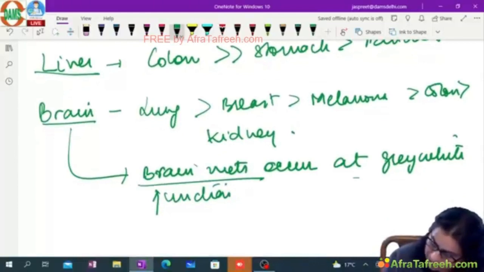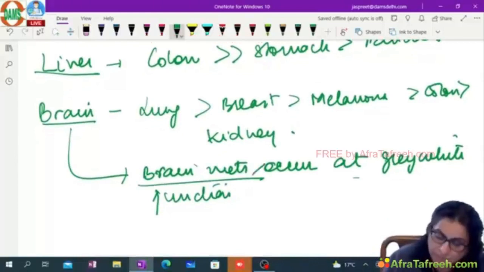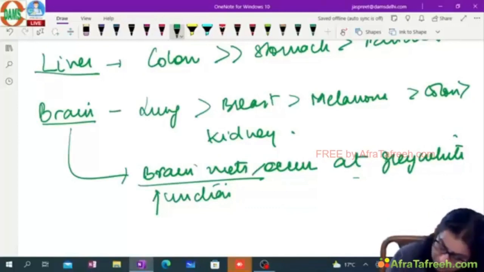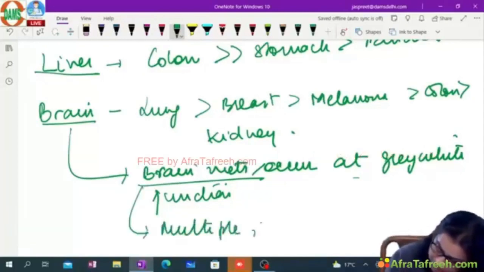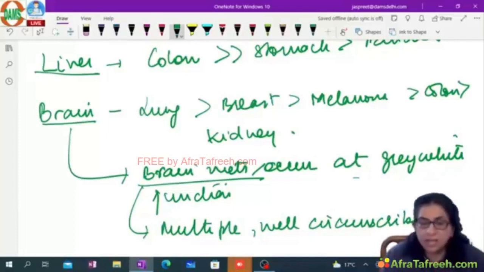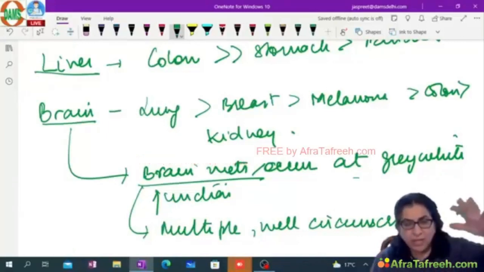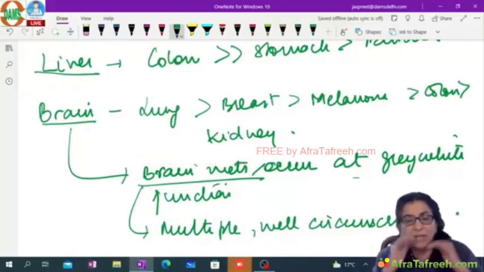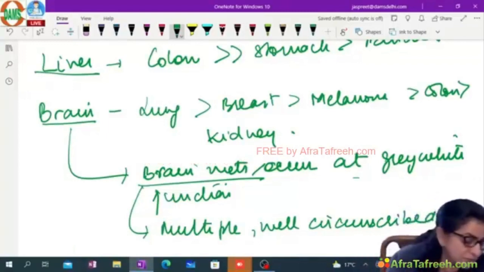Brain mets occur at the junction of the gray and white matter, and they are multiple and well circumscribed. So brain mets occur at the gray-white junction, at the junction of gray matter with white matter, and they are multiple and circumscribed.